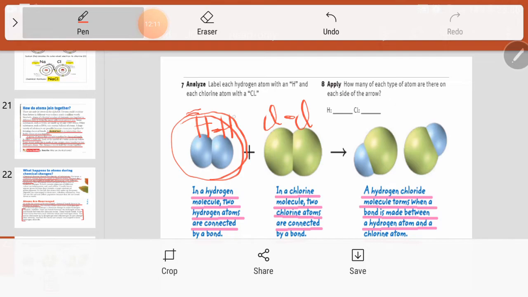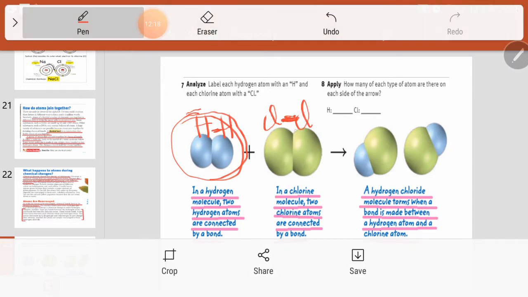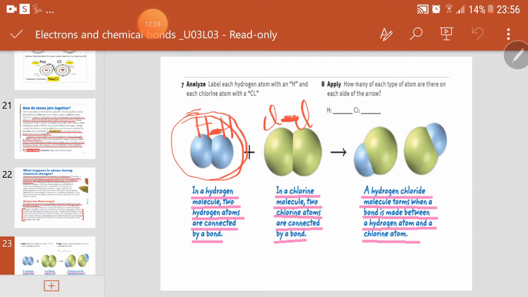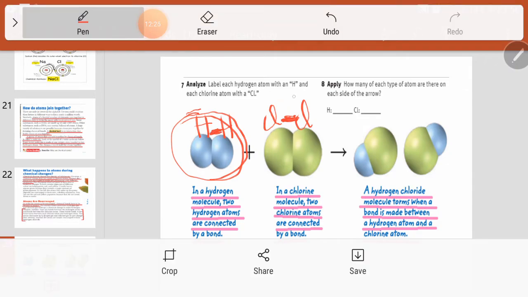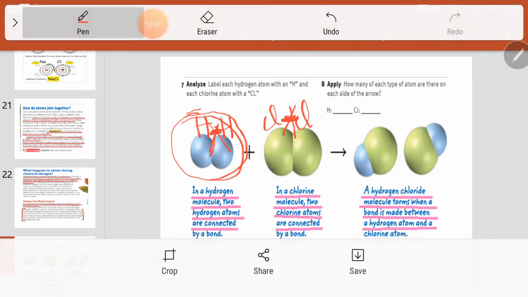So what will happen? Here we have a chemical bond between chlorine and chlorine, and a chemical bond between hydrogen and hydrogen. First, these chemical bonds will be broken. Okay, but also new chemical bonds will be formed between what and what?